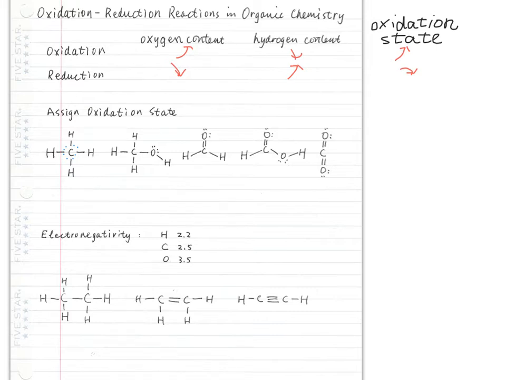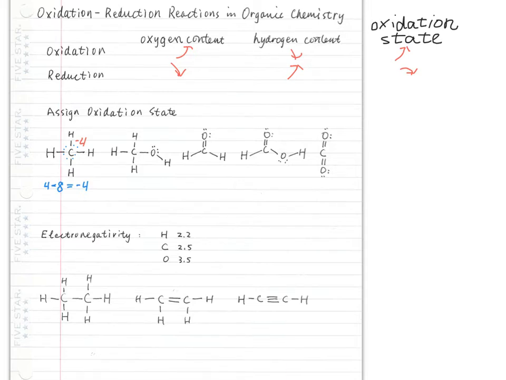Therefore, to assign the oxidation state of carbon, you use the number of valence electrons of carbon minus the number of electrons that are assigned to carbon, which is 8 in this case, and the answer is the oxidation state of carbon in this molecule. So in the case of methane, carbon has an oxidation state of -4.